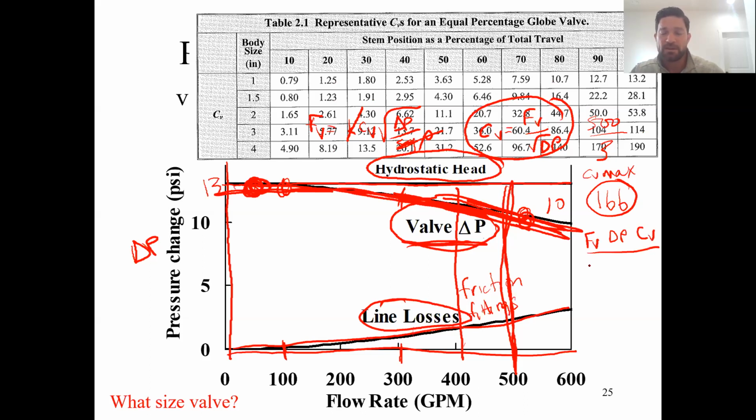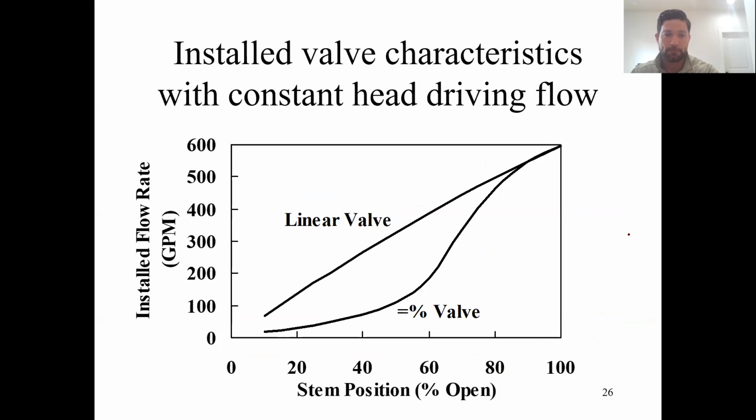So when we size a control valve, in this case, we might go for 100, 200, 300, 400, 500, right? We would read the delta P off the chart that we would get up here, and then this right here will calculate CV for the system. Right, so that's how we would do it. So we could calculate CV, and then we can generate the plot that's shown on the following figure. And again, we'll see why this is useful in a second.